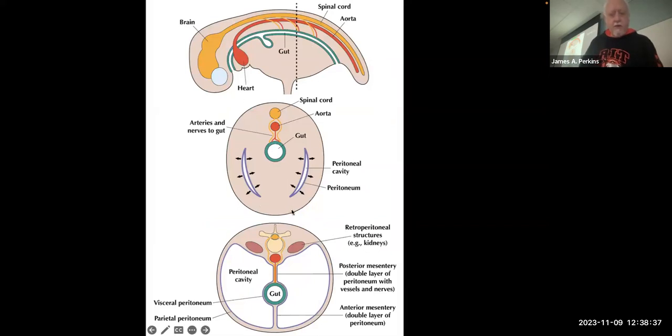But if you go back to the previous slide, you'll see that in addition to that posterior mesentery, which is also carrying the blood and nerve supply, at an early stage of embryonic development, there's also an anterior mesentery where the two layers of peritoneum came together anterior to the gut.